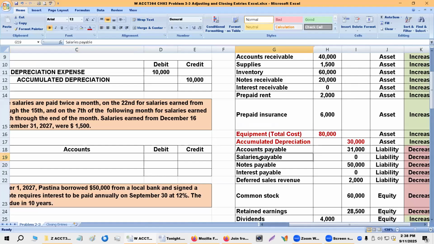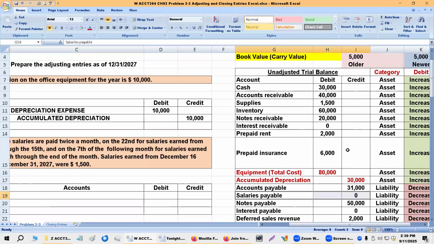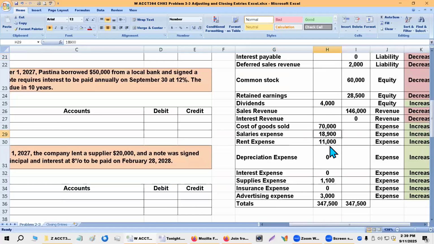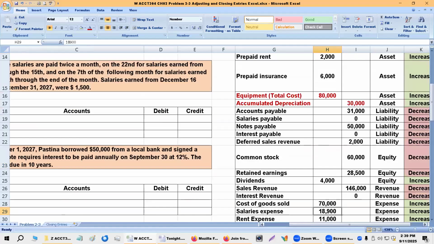We don't have any salaries payable. Salaries expense. Oh, we already have salaries expense of 18,900. Okay, so what would be the journal entry for that?